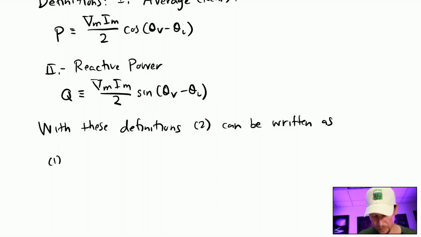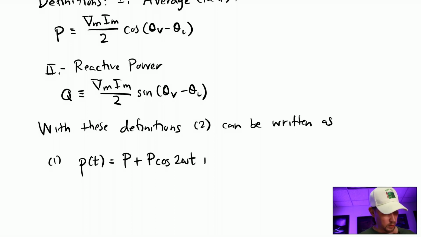I'll call this equation 3. The instantaneous power is equal to P plus P times the cosine of 2 omega t, followed by minus, the minus sign is important, minus Q times now the sine of 2 omega t.